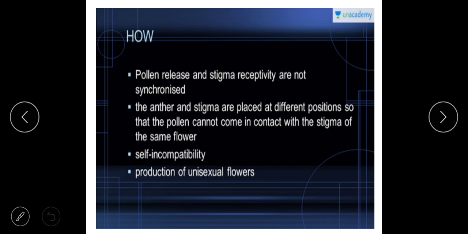First of all, let us understand why they do not germinate. There are certain reasons for that. Either the pollen and the stigma do not mature at the same time, or their positions could be different. Third, they may show genetic incompatibility, which is known as self-incompatibility, where due to certain factors the stigma does not allow the pollen grains to germinate over it. Or, you can say, the presence of unisexual flowers.